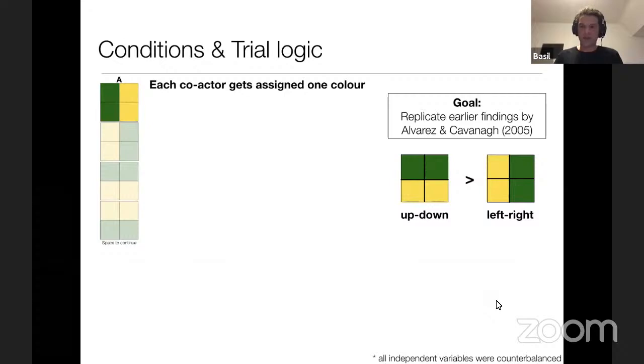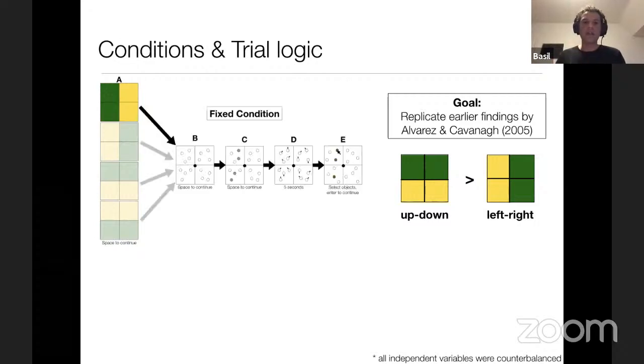The trial was designed in the following way. We had two conditions. One was called the fixed condition. In this condition, before participants even performed a trial, they were assigned one color, either green or yellow. And we used this color to indicate in which quadrants they should track objects.